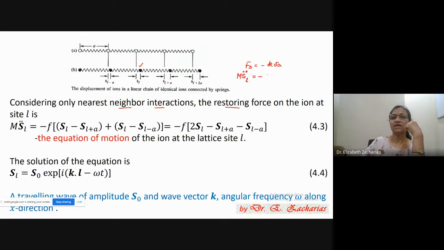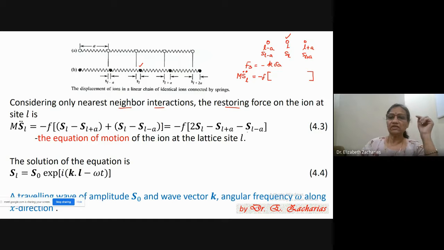I have to write K as small f according to this book, and then talk about the displacement considering L, L minus A and L plus A. Nearest neighbor interaction I have to consider, meaning I have to consider S_(L-A), which is the displacement of L minus A, then S_L, the displacement of the atom at L, and S_(L+A), the displacement for the atom sitting at L plus A. So I consider the nearest neighbor interactions and talk about what is the net force on L.